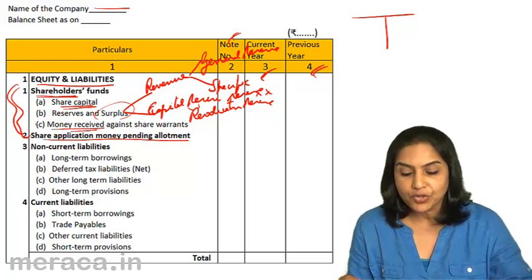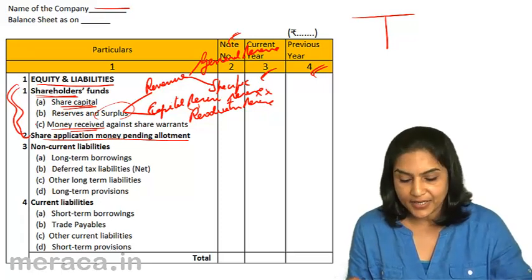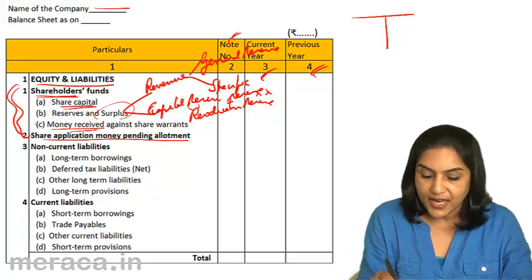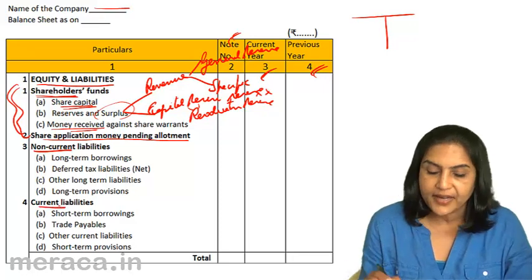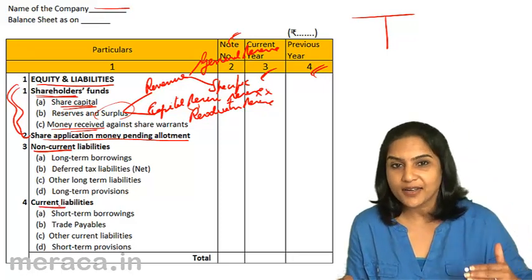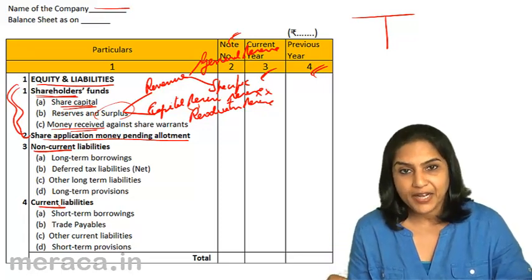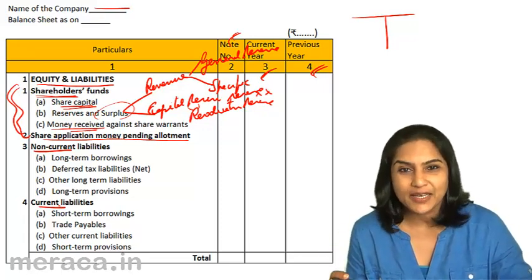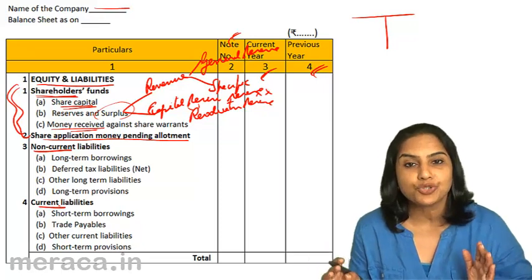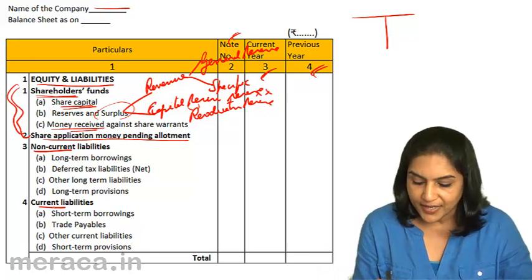Next, we move on to non-current liabilities. Liabilities basically are split into non-current and current liabilities. What are current liabilities? Liabilities which have to be met, paid off within a short period of time, usually a year. Those are current liabilities.